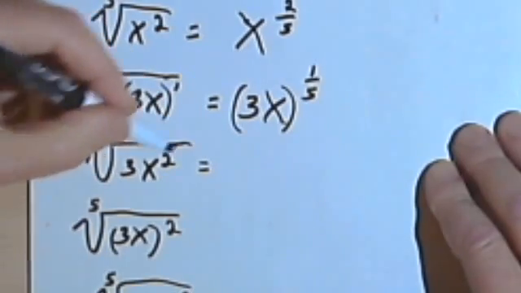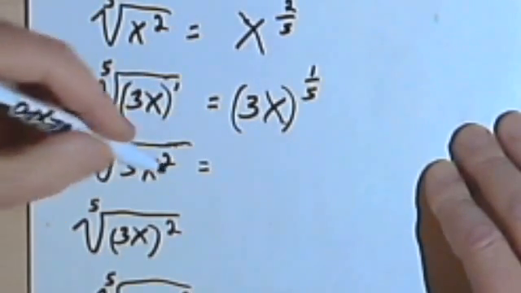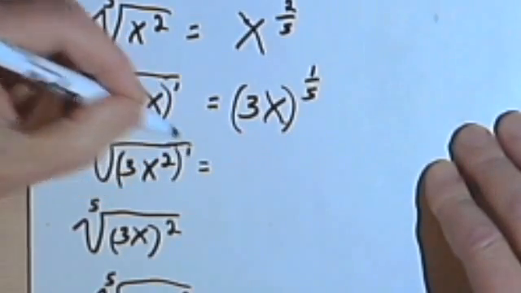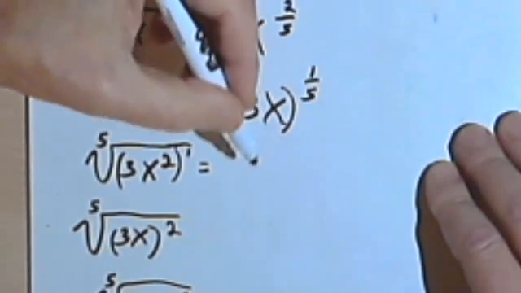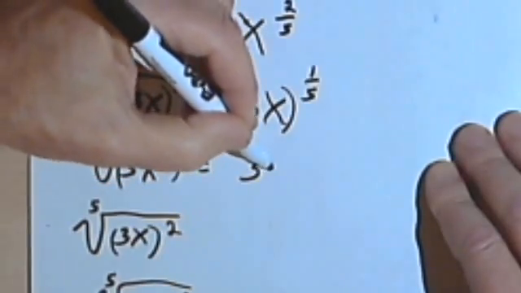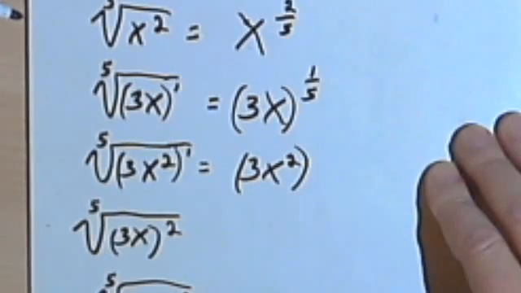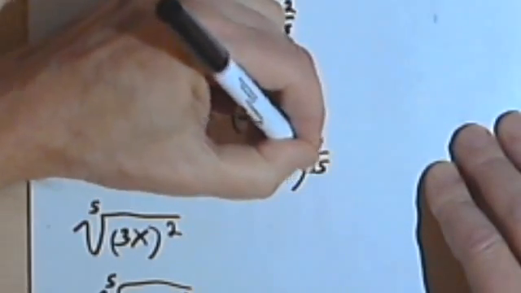So since that square does not apply to the entire radicand, I'm going to put the radicand in parentheses and raise it to the first power. Which really doesn't change anything. But now I can take the rule and just say, okay, 3x squared, that was all in parentheses, and it's raised to the 1/5 power.